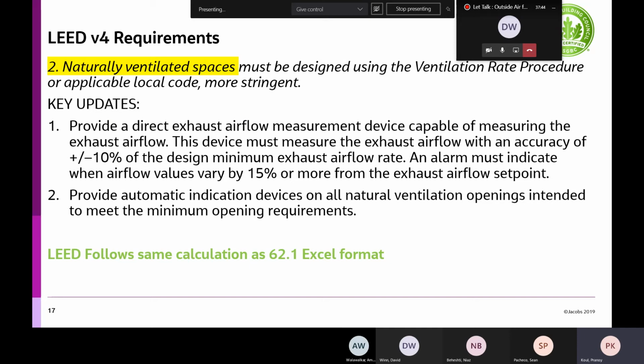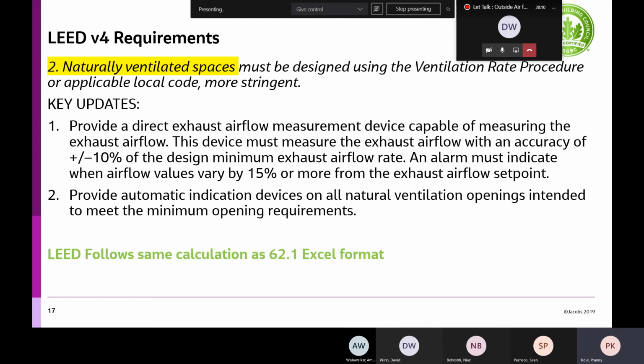But the key update over here is that you need to provide a direct exhaust airflow measurement device capable of measuring the exhaust airflow. This device must measure the airflow with an accuracy of plus or minus 10% from the design minimum exhaust airflow rate. And again, the alarm must indicate when it goes above 15% more than the exhaust airflow set point.